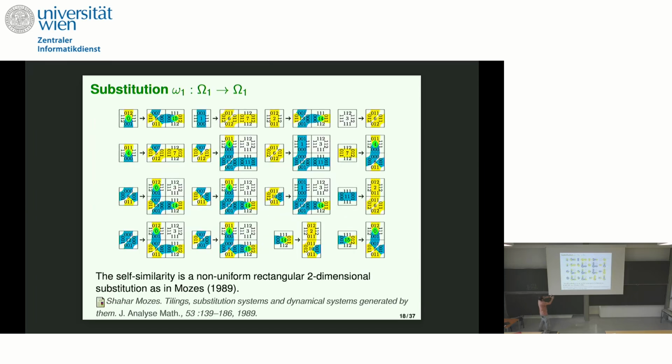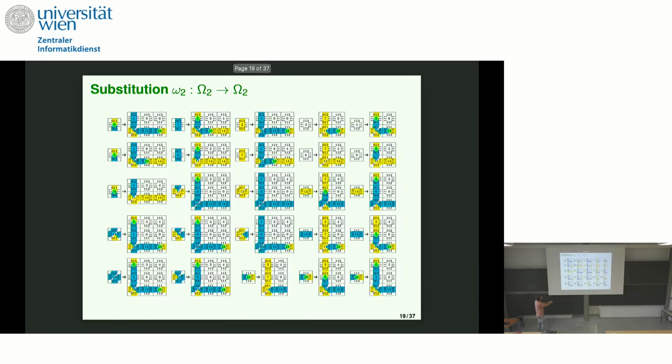So this is an image of the substitution for n equal 1. Here the substitution is not uniform, but we are reusing a definition of non-uniform morphism that appeared in Moses already. And this substitution is the same as the one you see in the book Grünbaum and Shephard, right? And then when n equal 2, you get this.